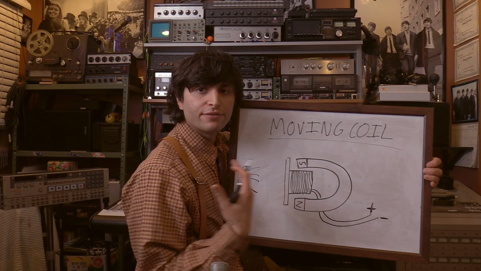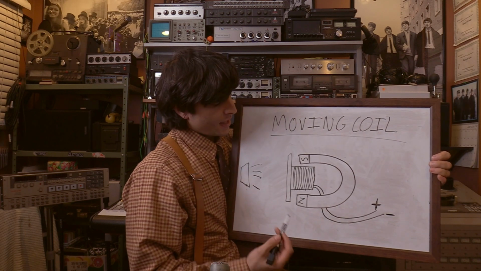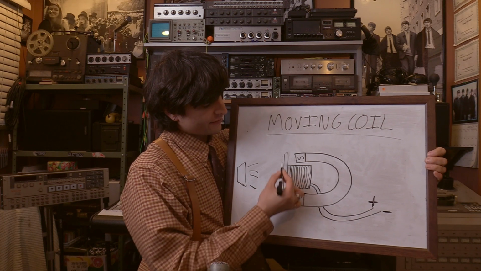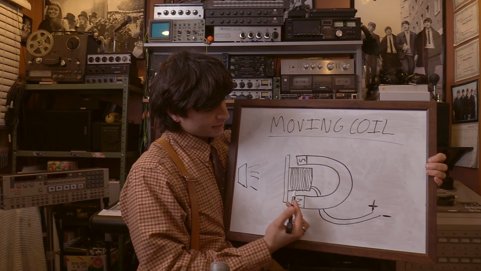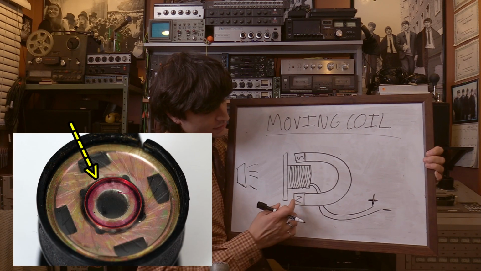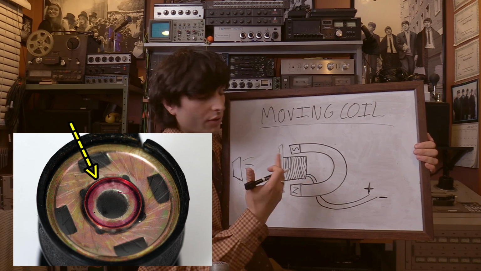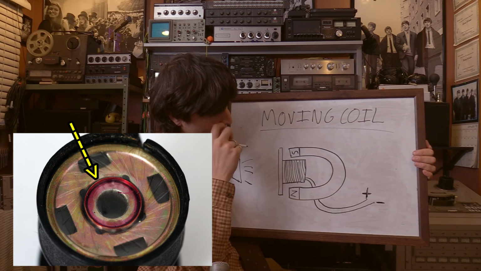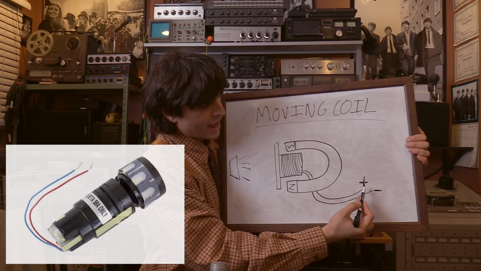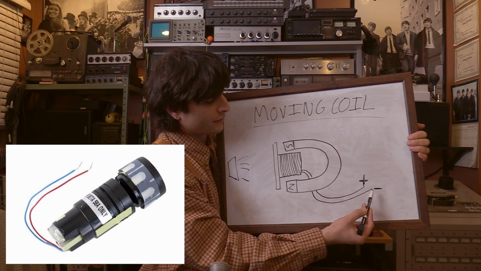Okay, so this is a very basic diagram of how a moving coil microphone works. At the heart of it, we have a diaphragm that is connected to a coil of wires that is suspended between a magnet. And this coil of wires that is wrapped around this cylinder is going to have a positive end of the wires and a negative end of the wires.